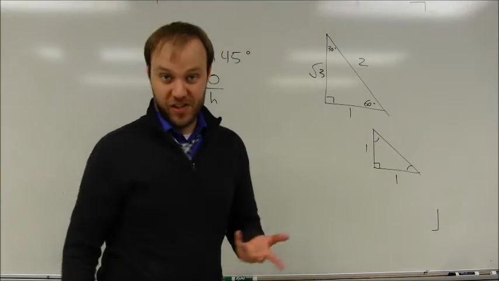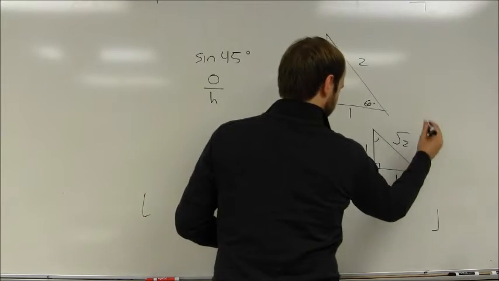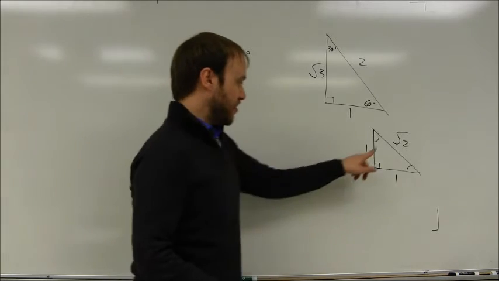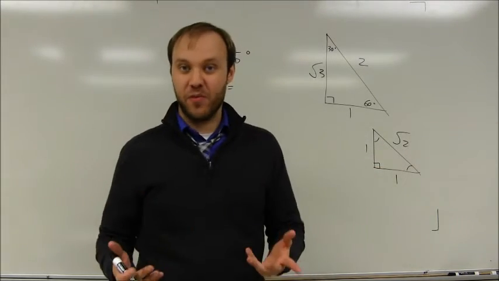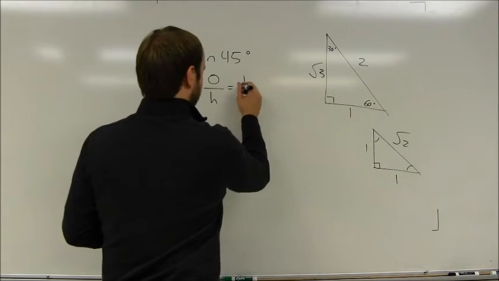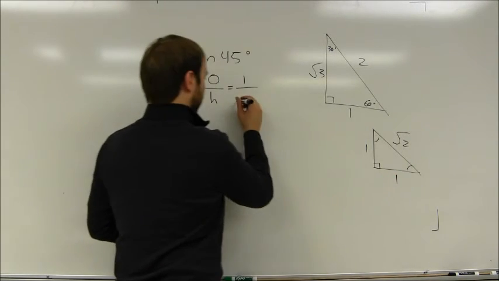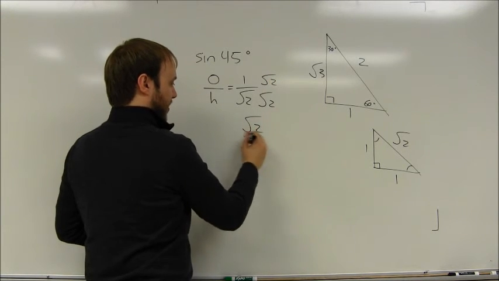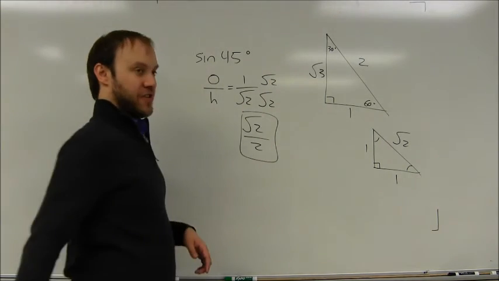I make the two legs each 1, and that means the hypotenuse is going to be radical 2. And again, the opposite side, you have two 45-degree angles here. You can pick either one you want. So I'll pick this one down here. Opposite side is 1, when the hypotenuse is radical 2. Again, you do have to rationalize the denominator. You end up with an answer of radical 2 over 2.